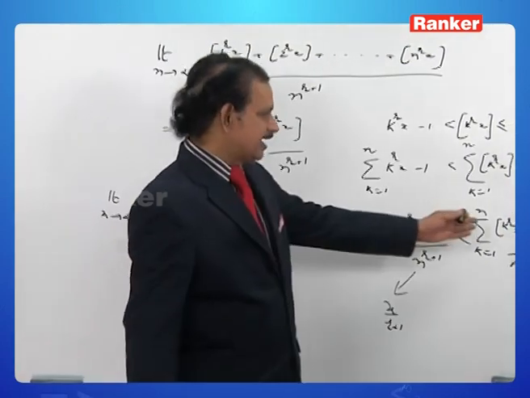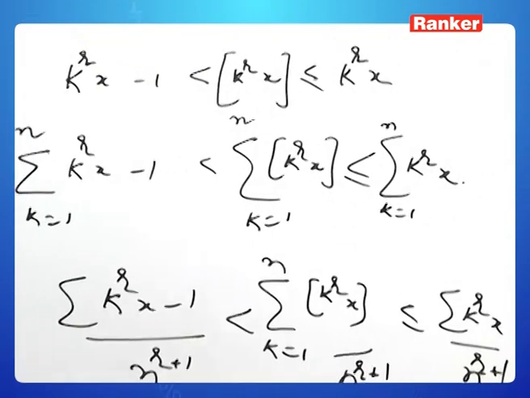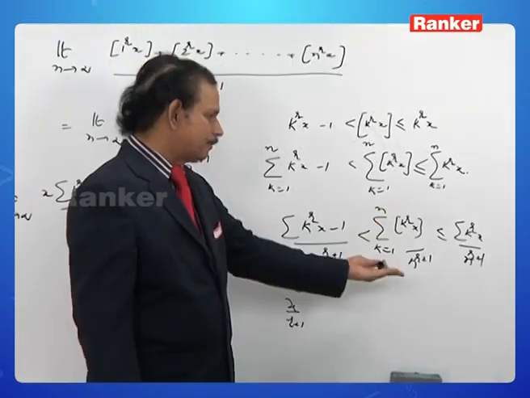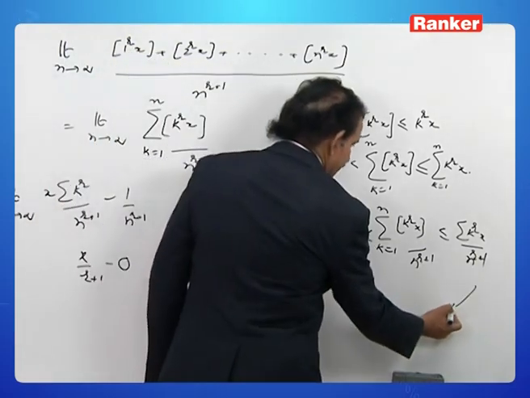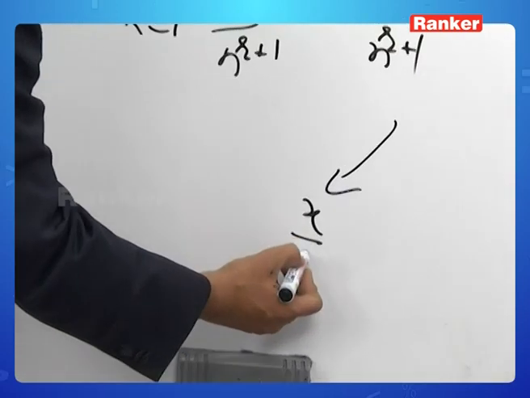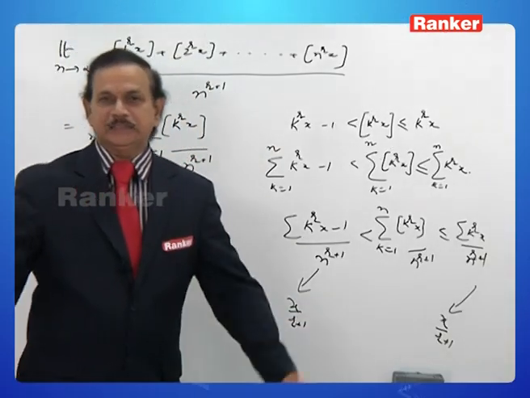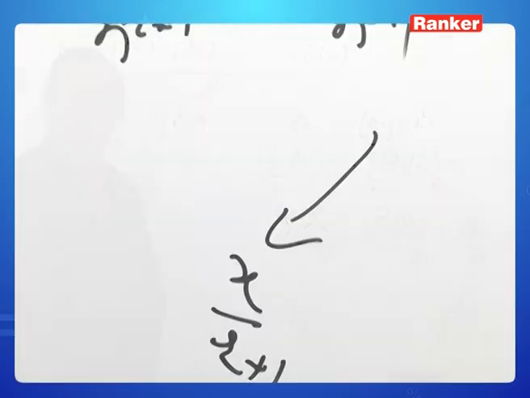What about the quantity at the extreme right of the expression? Just like this, pull x out from that sigma notation. x into sigma k power r by n power r plus 1 is again x by r plus 1. Now the situation is very clear so that we will be able to use the sandwich theorem.